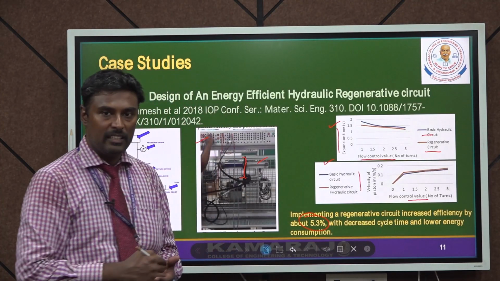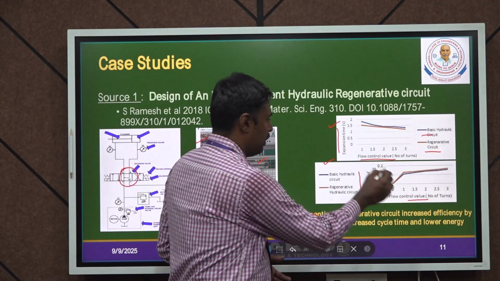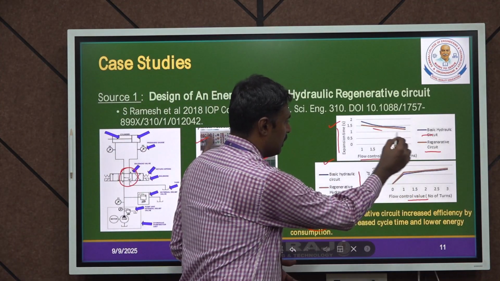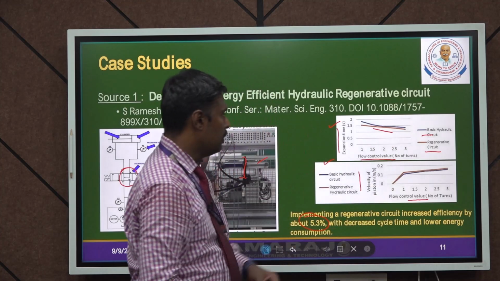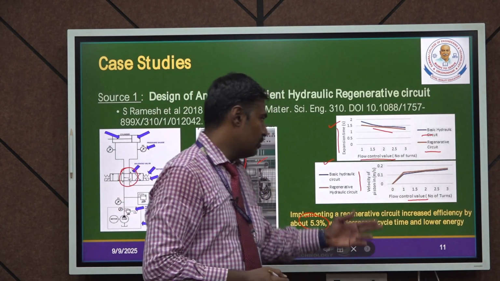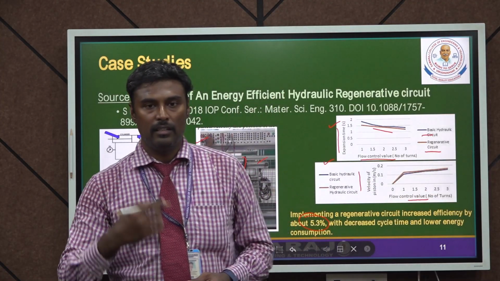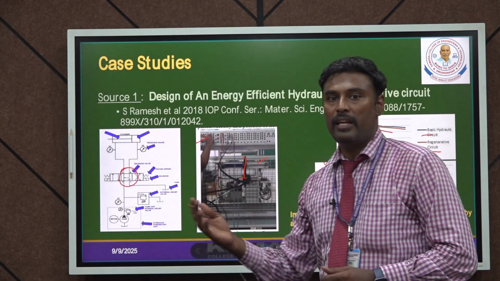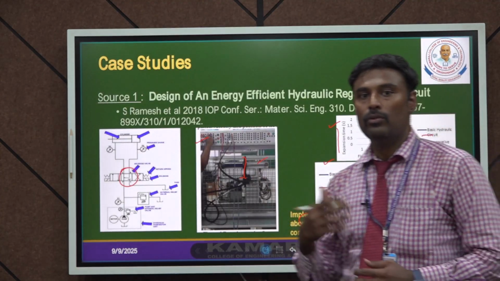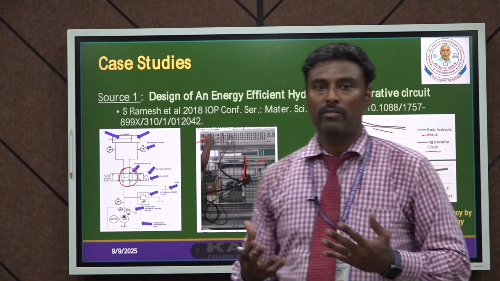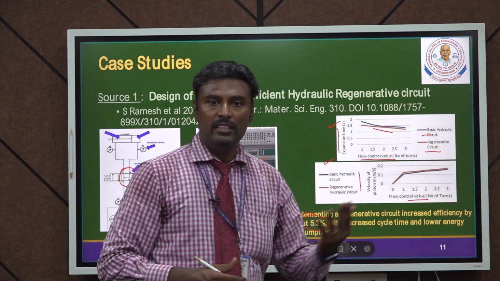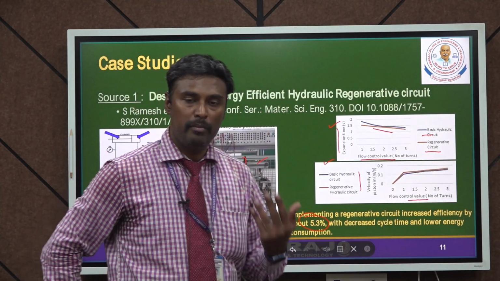and also reduced energy consumption. If you look at both the scales, the extension time is reduced, and the flow and the velocity have been increased, which indicates that energy consumption is less while applying regenerative circuits. If you use a throttling valve or some other flow control valve, definitely higher energy would be needed.